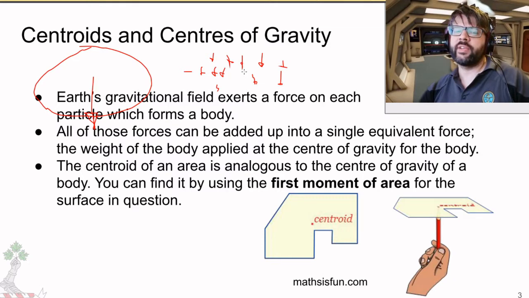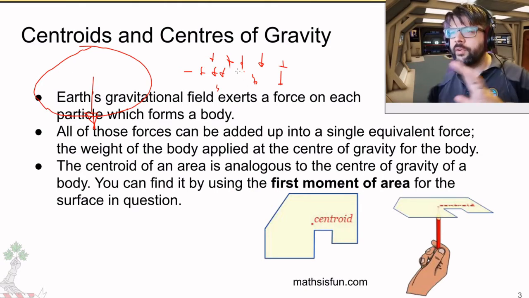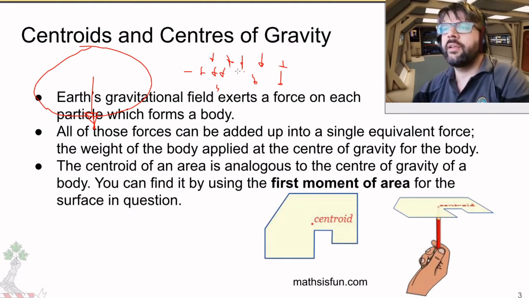And essentially what we're saying there is, if we take the moment of all of these individual forces that make up the total weight of the object, all those billions of little forces, and take a moment about the center of gravity, then that moment will be zero.